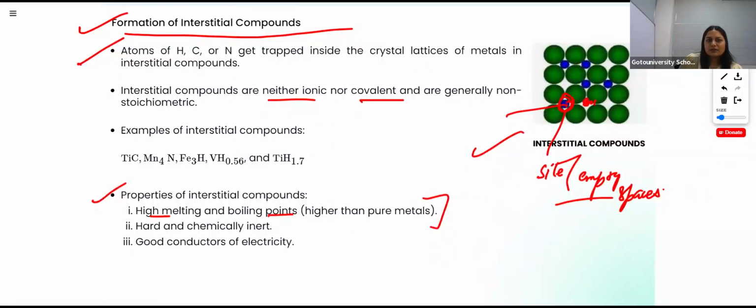Basically hydrogen, carbon and nitrogen get trapped in this crystal lattice at the interstitial positions, which results in increasing their melting point and boiling point, and obviously they are chemically inert and good conductors of electricity. All right.